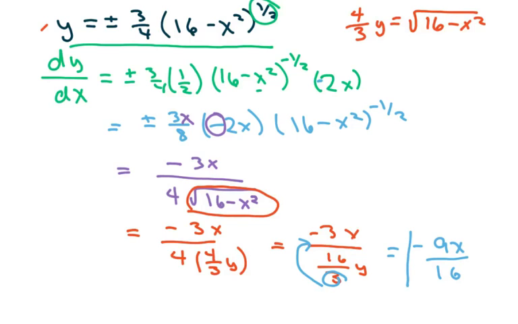The reason we did all this extra stuff is because we have to do this implicitly as well. So for implicitly, I'm going to take my equation and write it back to the original equation, which was 9x squared plus 16y squared equals 144.